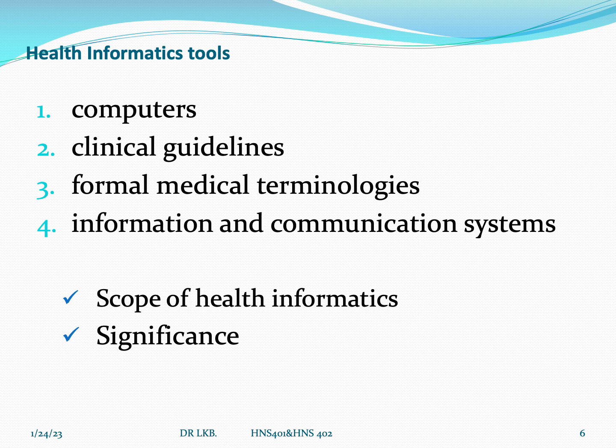So health informatics basically borrows tools from computers, clinical guidelines, formal medical terminologies, information and communication systems. That basically helps us define the scope of health informatics and the significance of it.